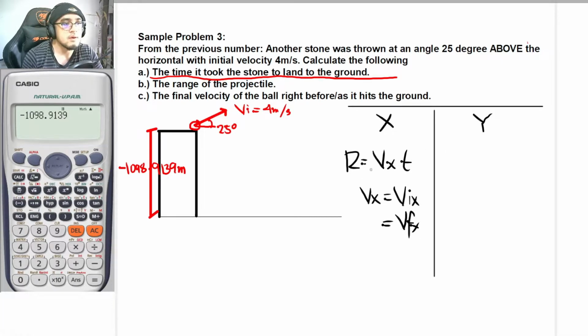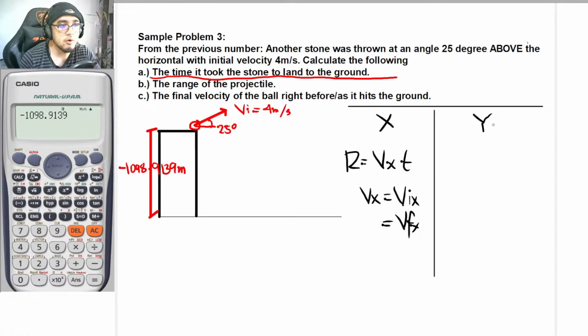So can we solve for the time using this equation? We can solve for Vx by getting the cosine of your Vi. But we still do not know the value for our R, and we do not know the value for our time. So we have this equation but two unknowns. With that being said, we cannot solve using this particular equation.